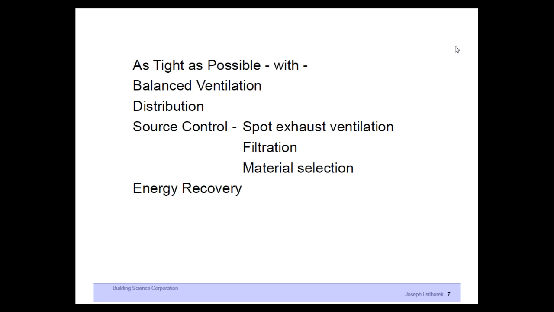With balanced ventilation, of course, we don't have the negative pressure. So we know that we're going to go to a highly negative condition if we don't have balanced ventilation. The question is, is a highly negative pressure desirable or acceptable?